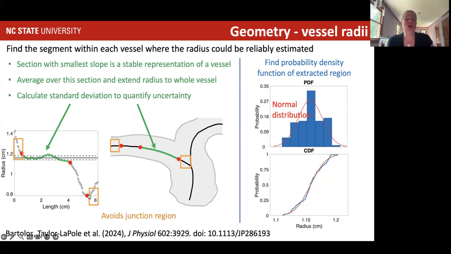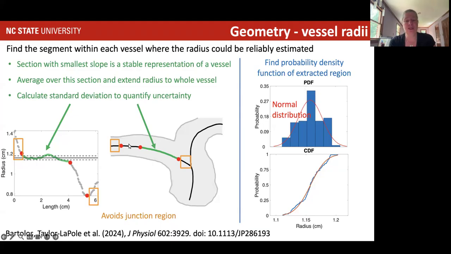You have to limit the number of change points per vessel. We set it to a maximum of 3. And then we found the part of the vessel between change points that had the smallest slope. Then we took the mean and the standard deviation of that, and we assigned a radius and a standard deviation for each point along the entire vessel.